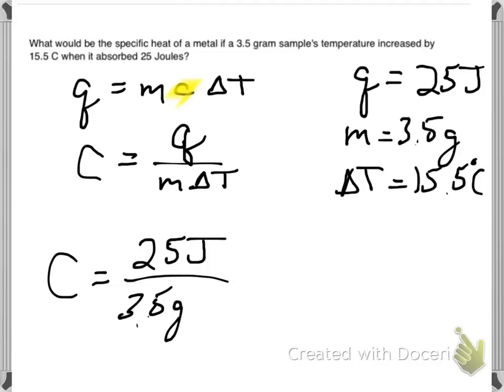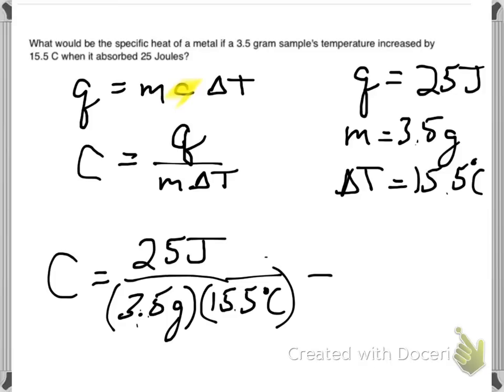There's a decimal place there. And then lastly, we have a temperature change of 15.5 degrees Celsius. And we solve.